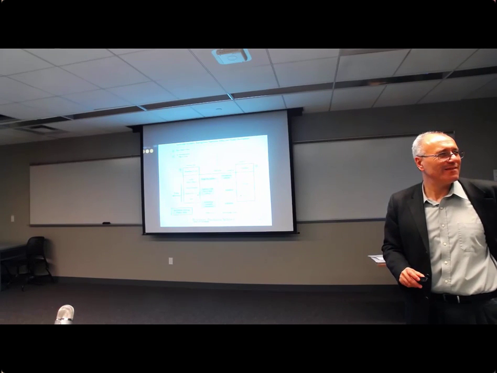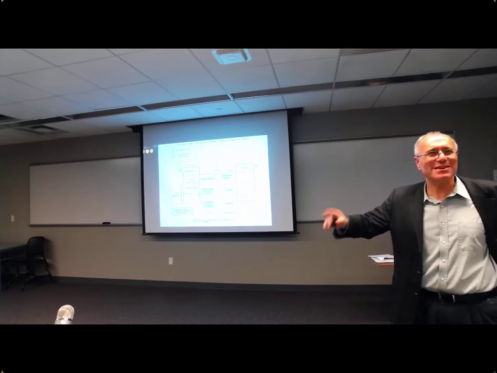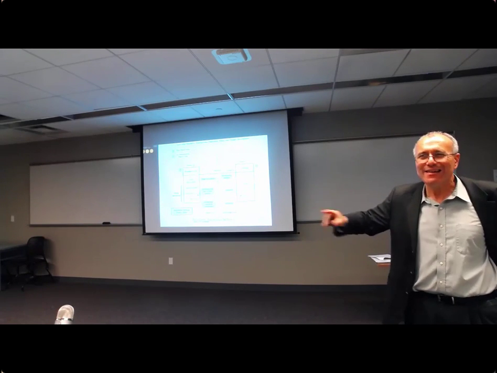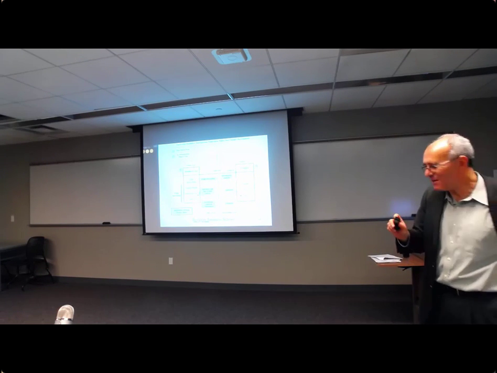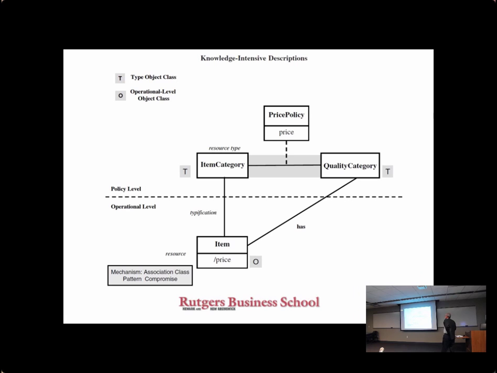So any questions? So you see that it's basically a fairly systematic way of describing different types of policies and how you introduce them. And completely declarative. So what do we have here? Well, we have a compromise pattern, right? So we have only one object class at the operational level, and we have two different types at the policy level.